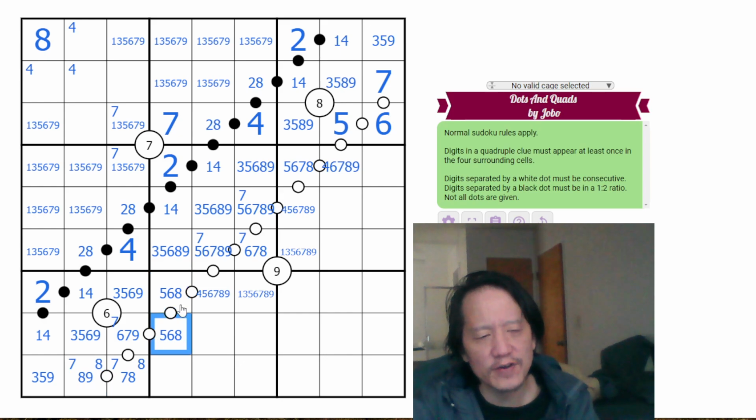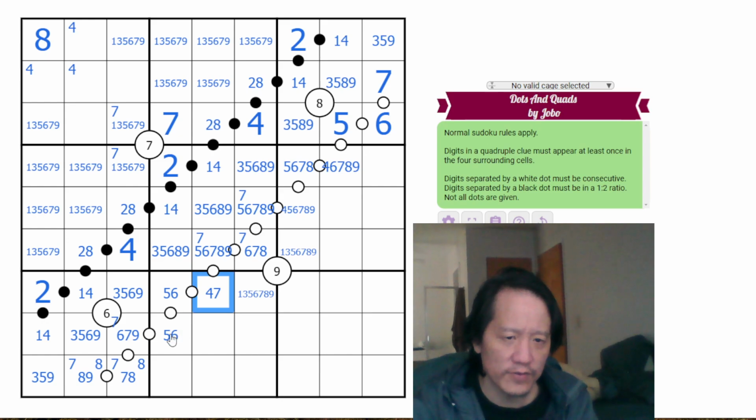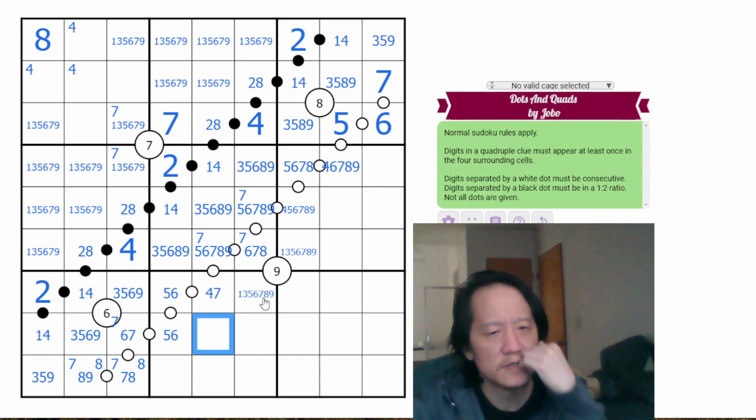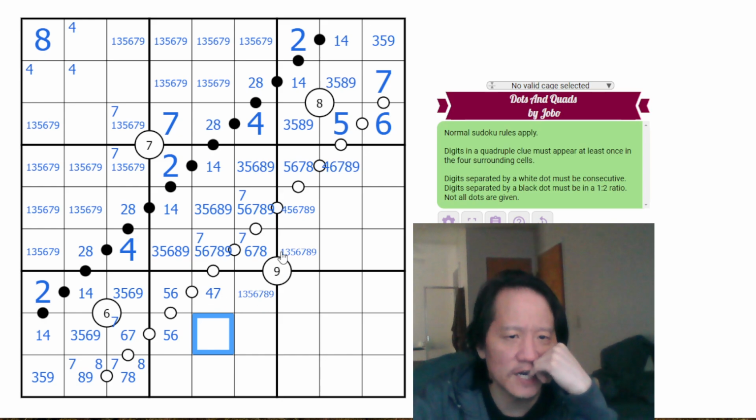This would have to be 5 and 6 because there's no consecutive, which means this is 4 or 7. This is 5 or can be 6 or 7. So 6, 7, 8. 7, 8, 9. Both work. Yeah. That looks kosher too.